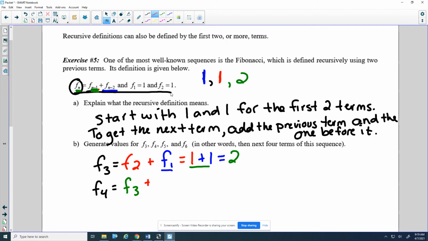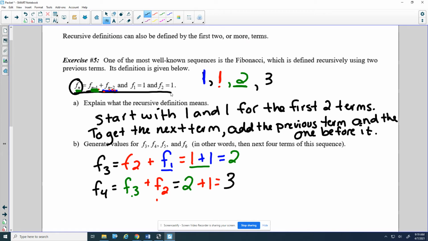Then 2 before the 4 is 2, so 4 minus 2 is 2. If I go back up to my list, the third term is a 2. The second term is a 1. So the next term that we found is a 3.